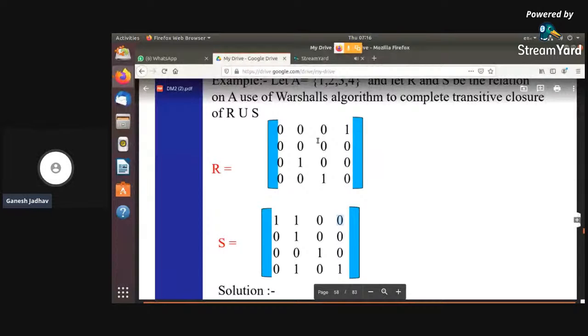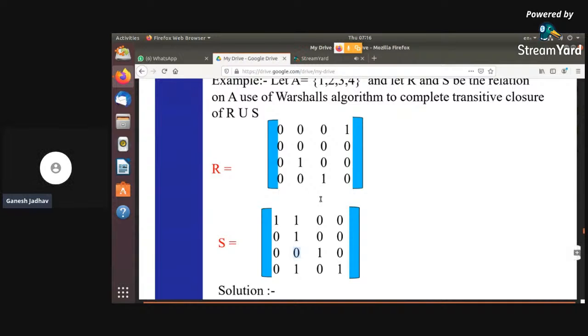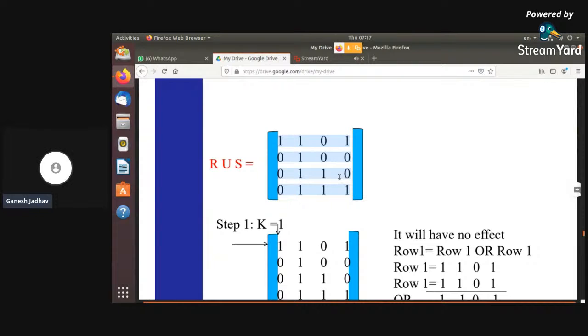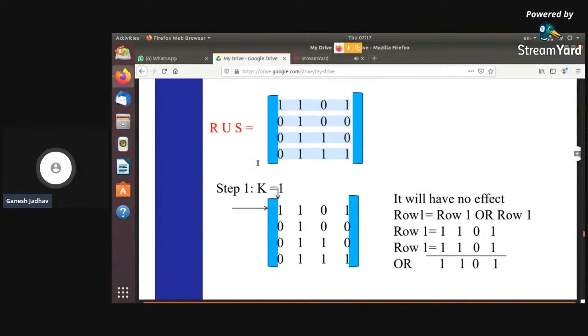Second row, this is 1, so you can write 1 in R union S. Then 0 0, here is 0, so you can get this type of matrix, that is 1 1 0 1, 0 1 0 0, 0 1 1 0 and 0 1 1 1. So you can get the union matrix simply.